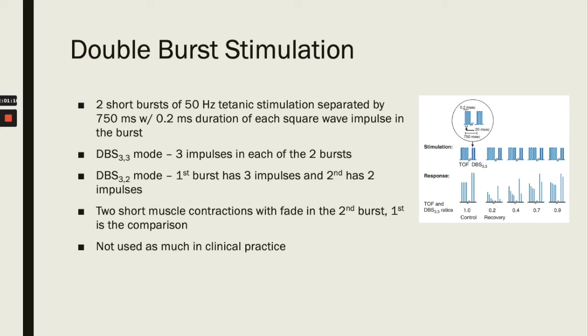In double burst 3-2 mode, the first burst has 3 impulses and the second has 2 impulses. You get 2 short muscle contractions with fade in the second burst, and the first of those 2 short muscle contractions is the comparison.